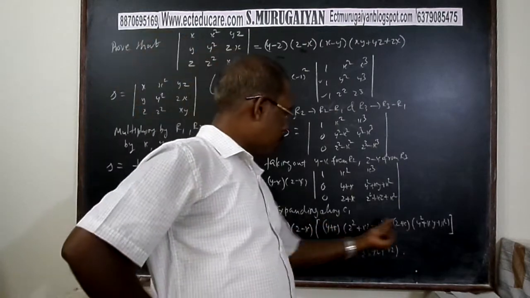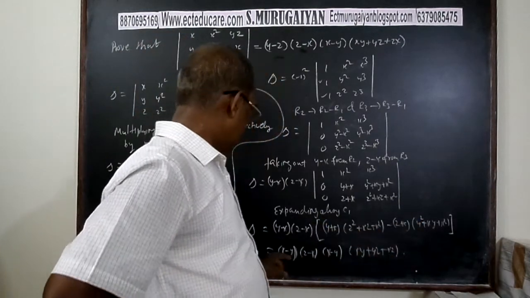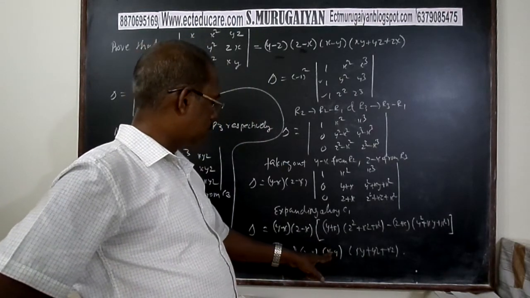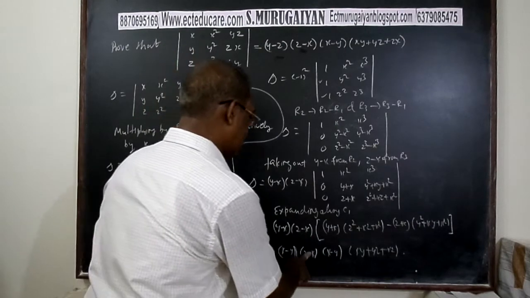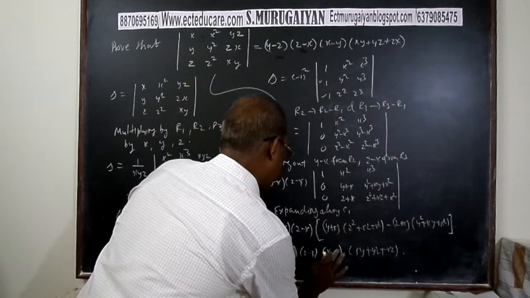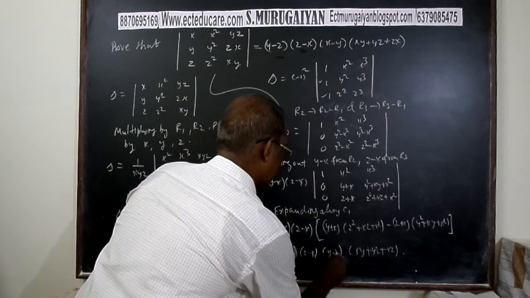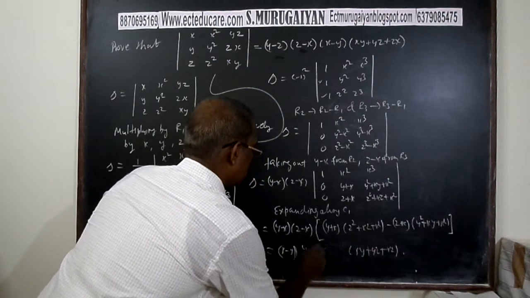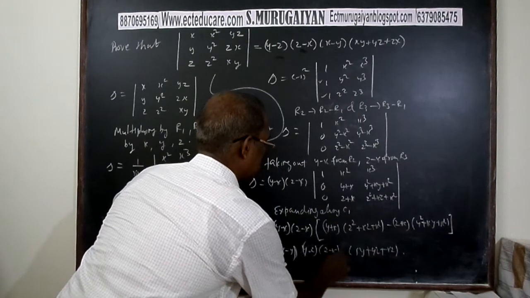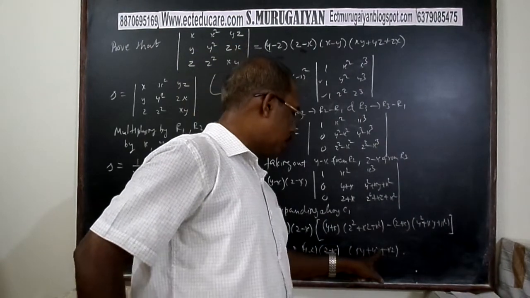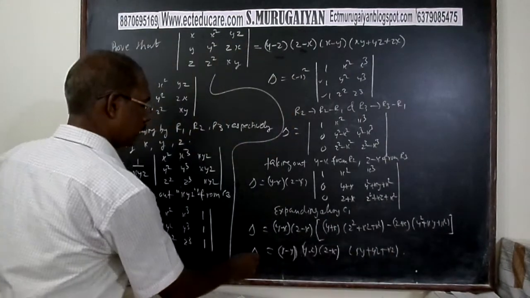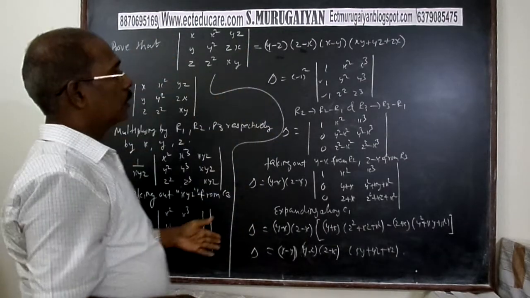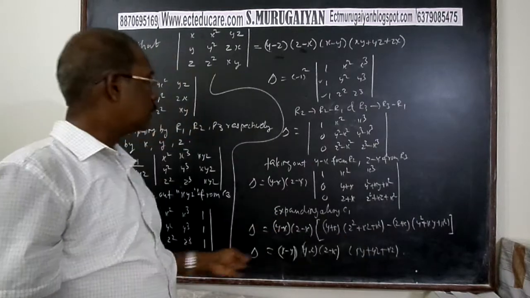Just expand and factorize, you will be getting x minus y, y minus z into z minus x, and then xy plus yz plus xz. The delta can be replaced by the given determinant. This will be the expected result, the final result.